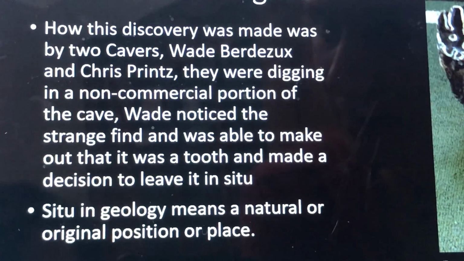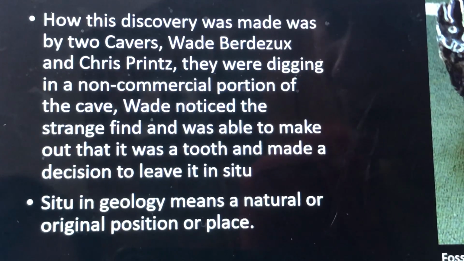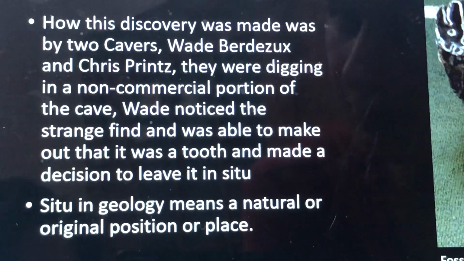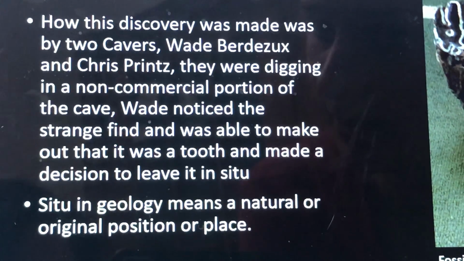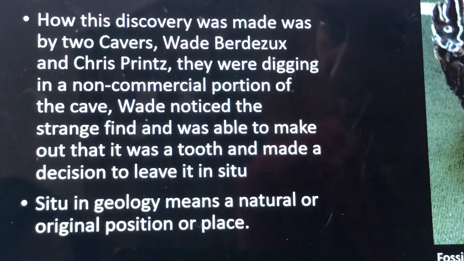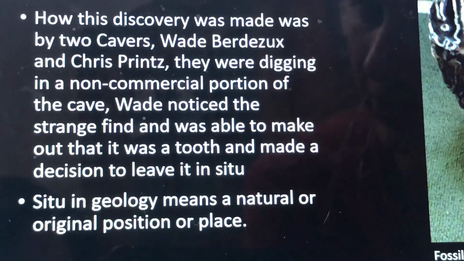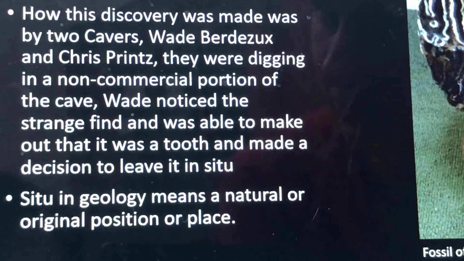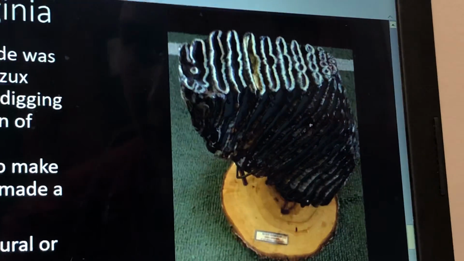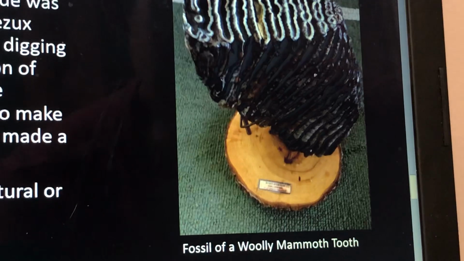Wade noticed the strange find and was able to make out that it was a tooth and made a decision to leave it in situ, which in geology means a natural or original position or place. So basically, it means he left it in the ground.